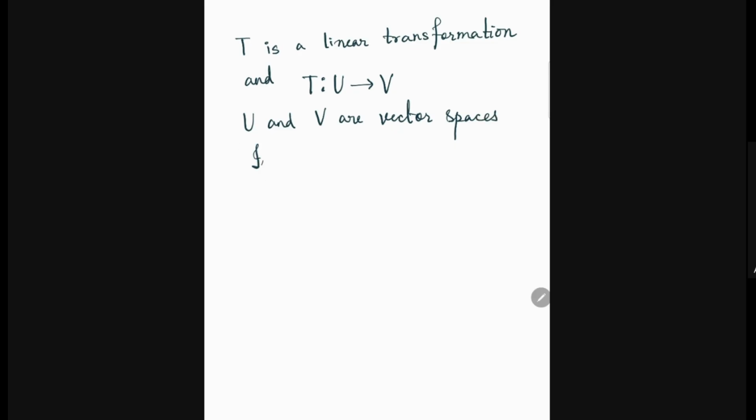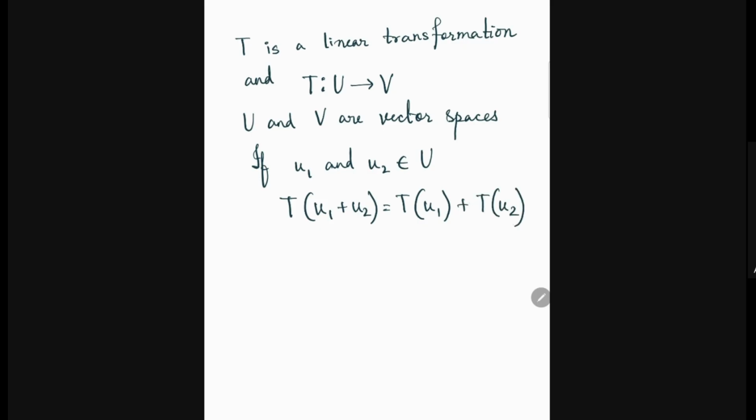If u1 and u2 belong to U, then T of u1 plus u2 should be T of u1 plus T of u2. And if a is a scalar, then T of a u is a times T of u.